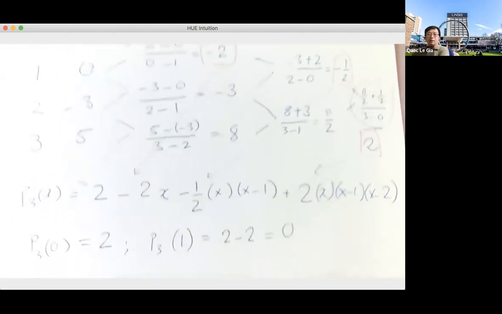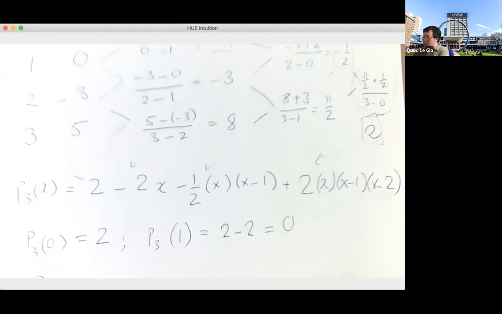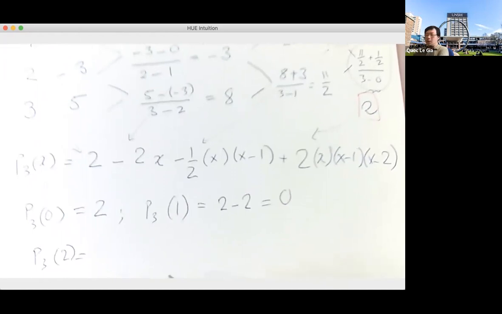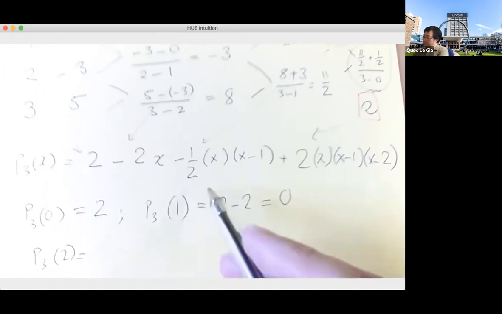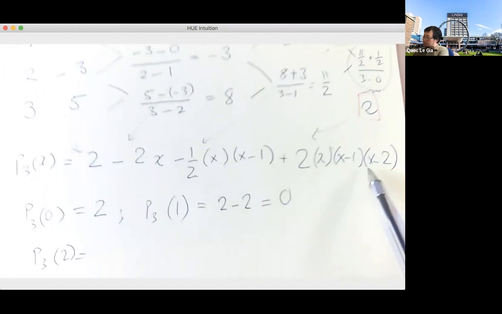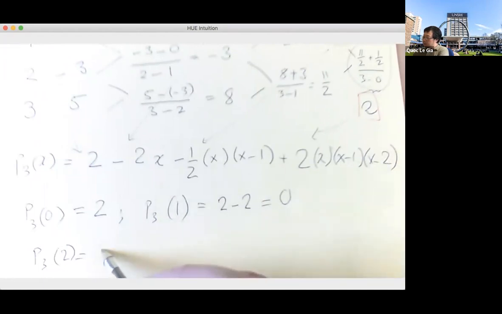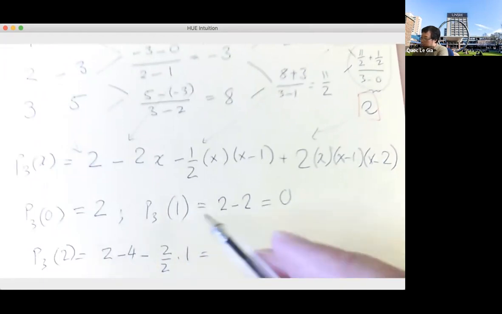Then you do the same for P3 at 2. You put in 2 here, so 2 goes away here. So you get 2 minus 4 plus minus 2 over 2 and 1, so 2 minus 4 is minus 2, so minus 1, so minus 3.